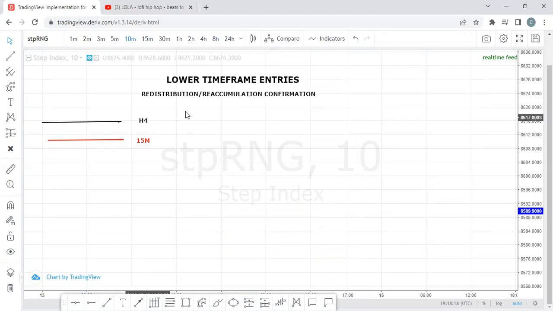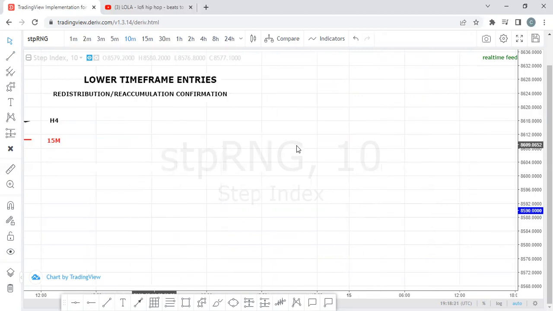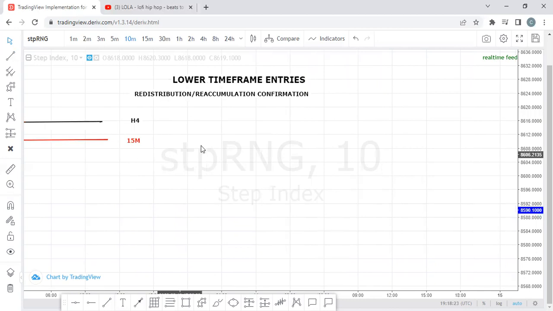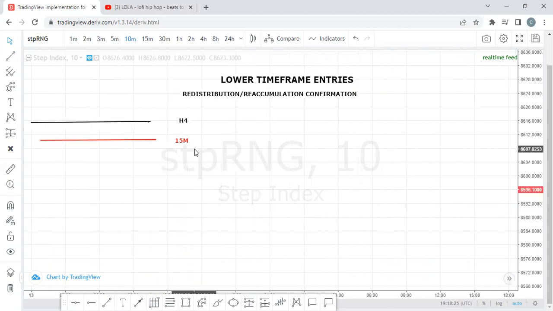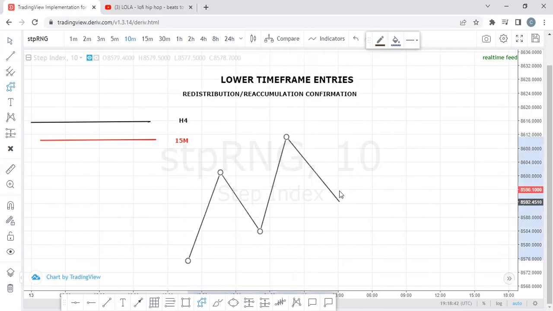The higher time frame, based on what I'm about to teach you, is the 4-hour time frame, and the smaller time frame is the 15 minutes time frame. Now let us use an analogy to explain the lower time frame entry, which is called the distribution and reaccumulation confirmation. On the H4, which is the black line, assume that we had price making a series of higher highs and higher lows, breaking structure and going upwards.